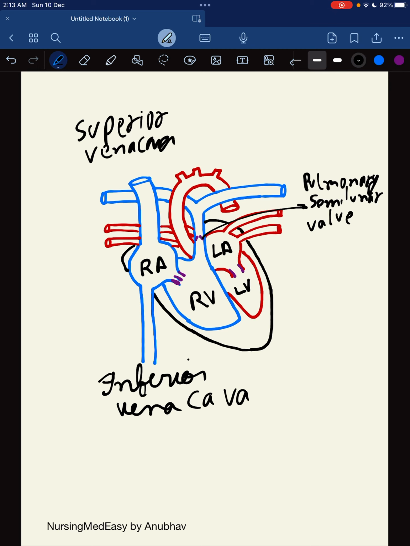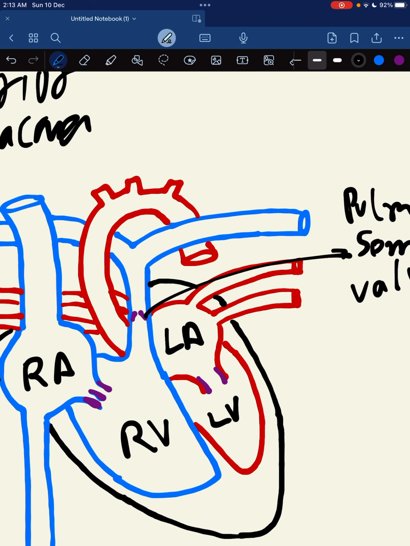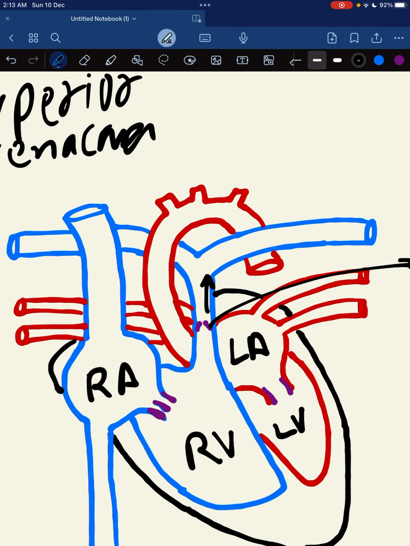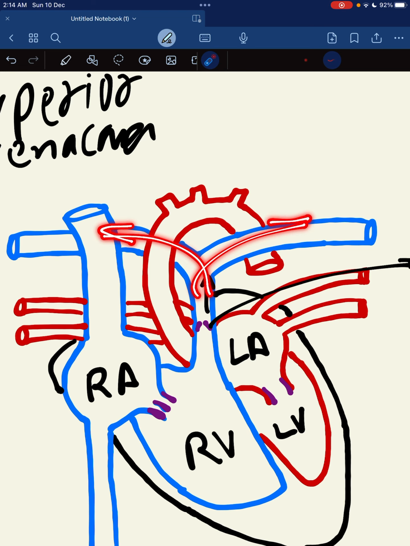The pulmonary refers to the lungs, and then the blood goes into the trunk. This is the pulmonary trunk because it looks like a trunk, and it further has two branches, the right and left pulmonary arteries.